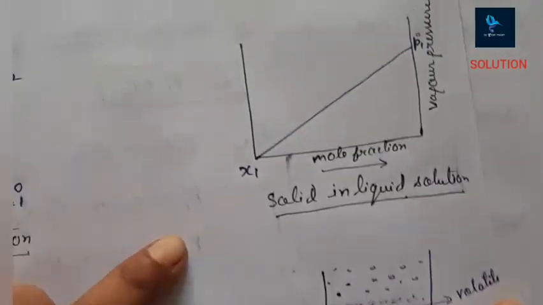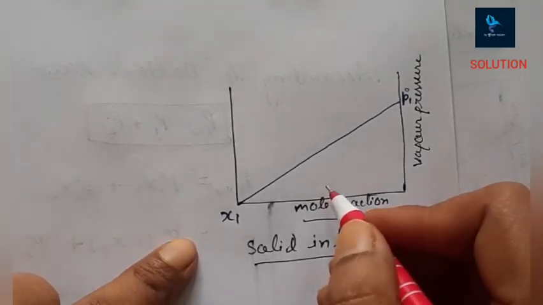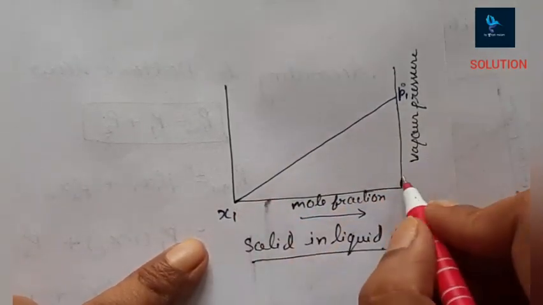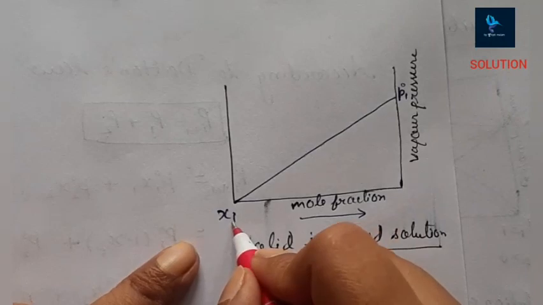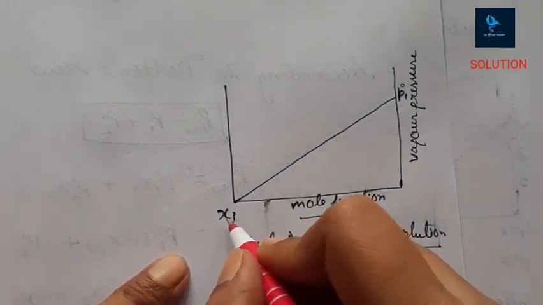So for this phase diagram, only one component is volatile, so it is taken as x1.